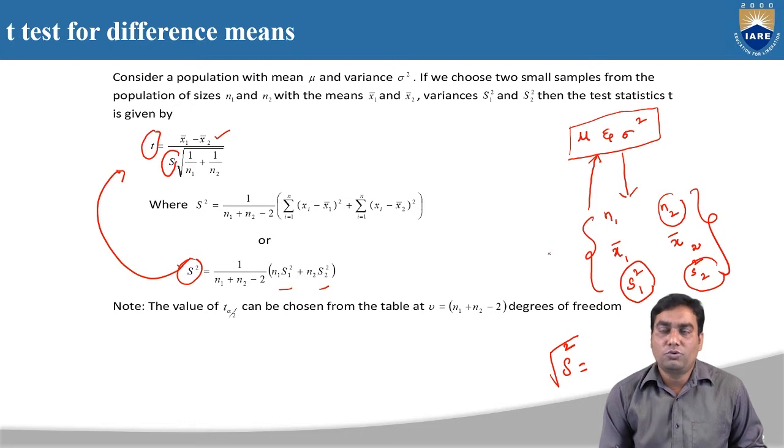Sometimes we may not know the variances s1 square and s2 square of the two samples either. In that case, we can use another formula to find out s square, which is 1 by n1 plus n2 minus 2 into the first one, sigma i equal to 1 to n, xi minus x1 bar whole square, that means sum of squares of deviations from the first sample mean, plus sigma i equal to 1 to n, xi minus x2 bar whole square, that means sum of squares of deviations from the second sample mean.